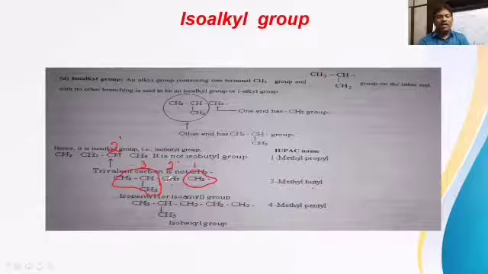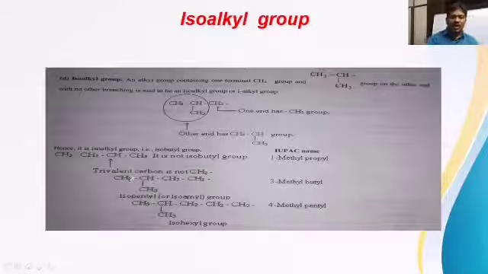Why is it called isopentyl here? Iso indicates the presence of CH2 at one end and the isopropyl group at the other end. These conditions make it an isoalkyl group here. So we commonly say isopentyl.